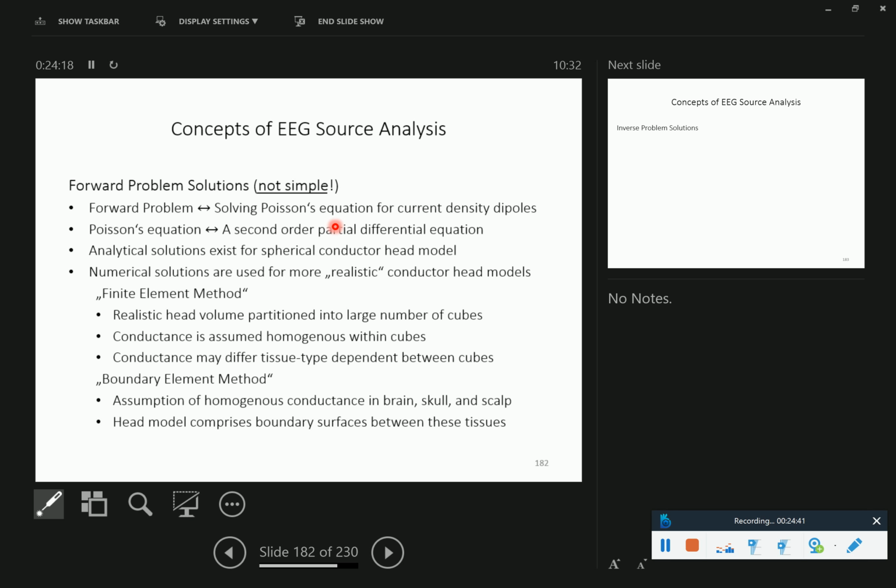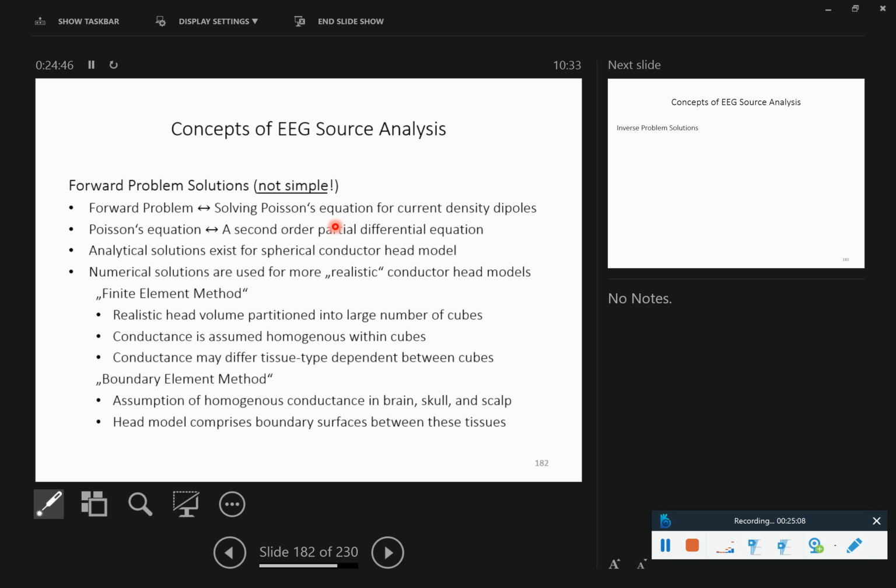The boundary element method, which is usually faster because it's simpler, assumes that the conductance inside the brain, the skull and the scalp is homogeneous respectively, so it's not the same between the different tissue types, but within them it's the same. And the only thing that is of interest to actually compute the forward solution are the boundary surfaces, hence the name boundary element method.